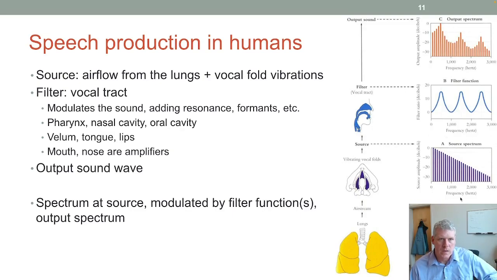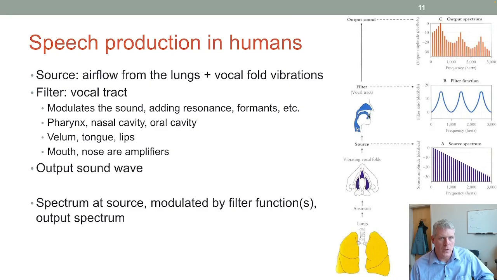We have the source, where we have frequency here on the x-axis, 1,000 hertz, 2,000, 3,000 hertz, etc., and the source amplitude, right? So the lower frequencies are usually louder than the higher frequencies. And that passes through three cavities: our pharyngeal cavity, that is the throat above the vocal folds and the Adam's apple, so the throat above that point.